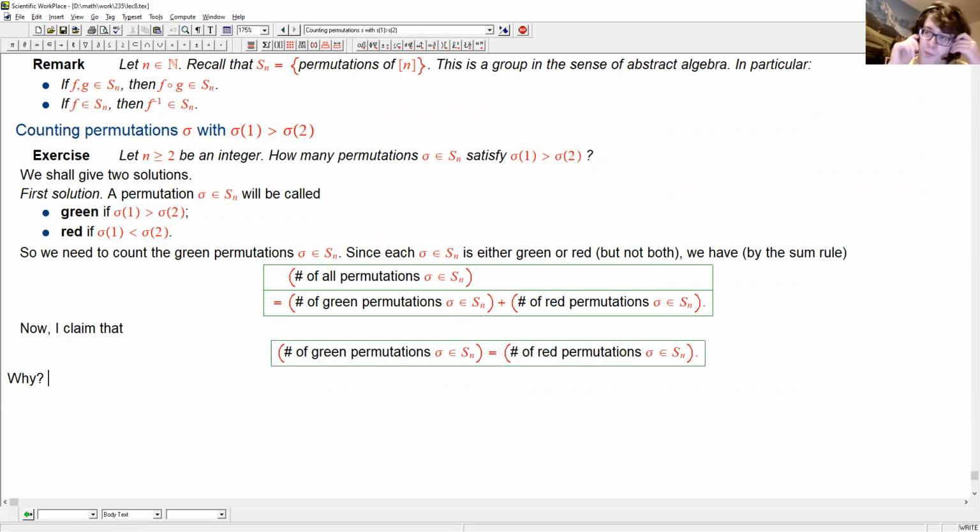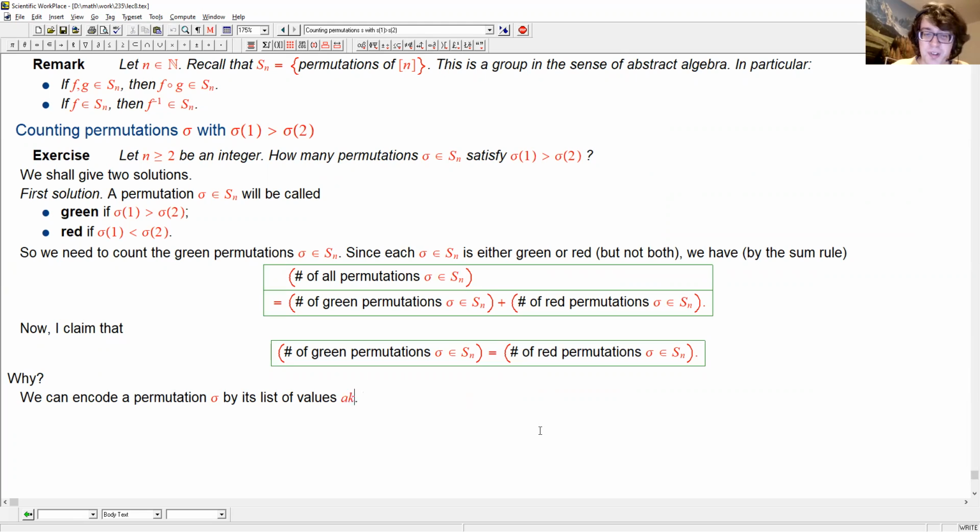Why? Again, it's reasonable to look for a bijection. So if you have a green permutation, how do you turn it into a red one, and vice versa? We can encode a permutation sigma by its list of values: sigma 1, sigma 2, and so on, sigma n.